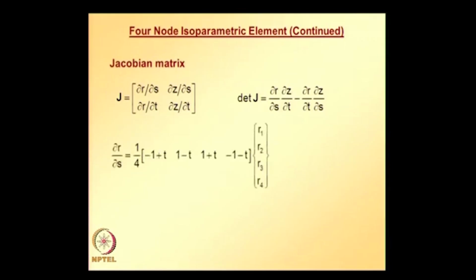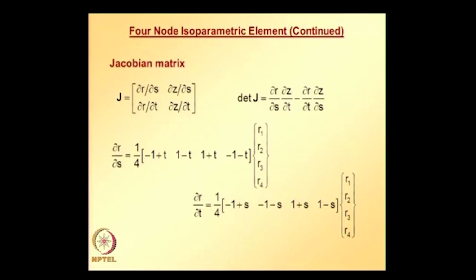For this we require partial derivative of r with respect to s, which can easily be obtained from the previous equations by taking partial derivative of shape functions N1 to N4 with respect to s. Similarly, by taking derivatives of shape functions N1 to N4 with respect to t, we can easily write partial derivative of r with respect to t.